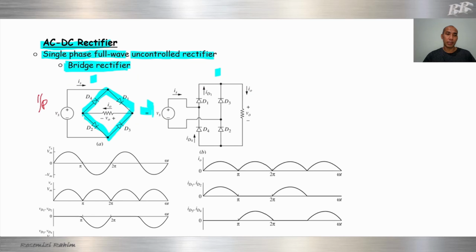The input here is AC and the output here is DC, V out. Same as the circuit: AC is here, output is DC. For full wave, all of the output waveform will be in the positive cycle.